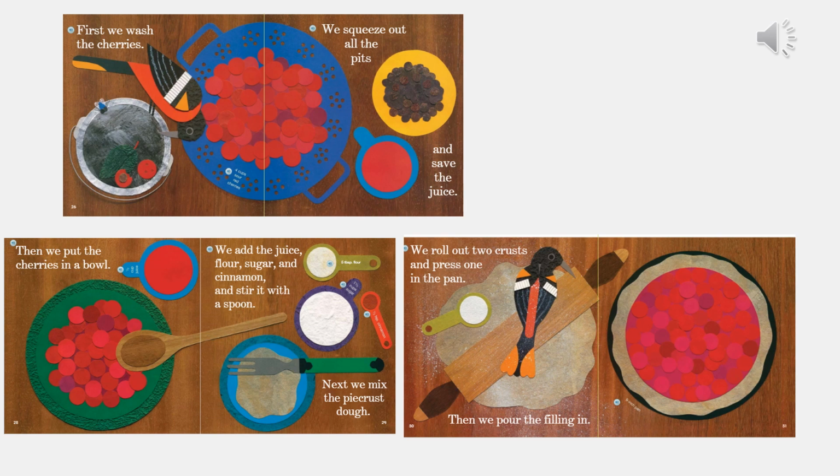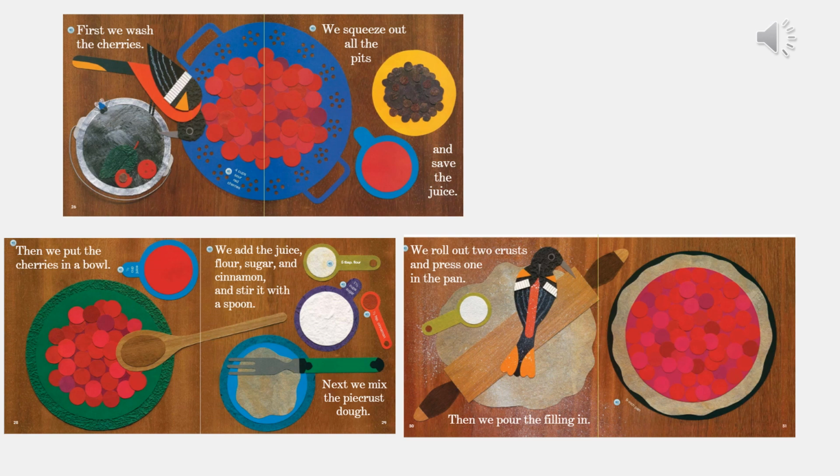Then when you come below that page, it says then, see, there's another word to tell you what they did next. Then we put the cherries in a bowl. We added the juice, the flour, sugar, and cinnamon, and stir it with a spoon. Okay, so that was what they did.